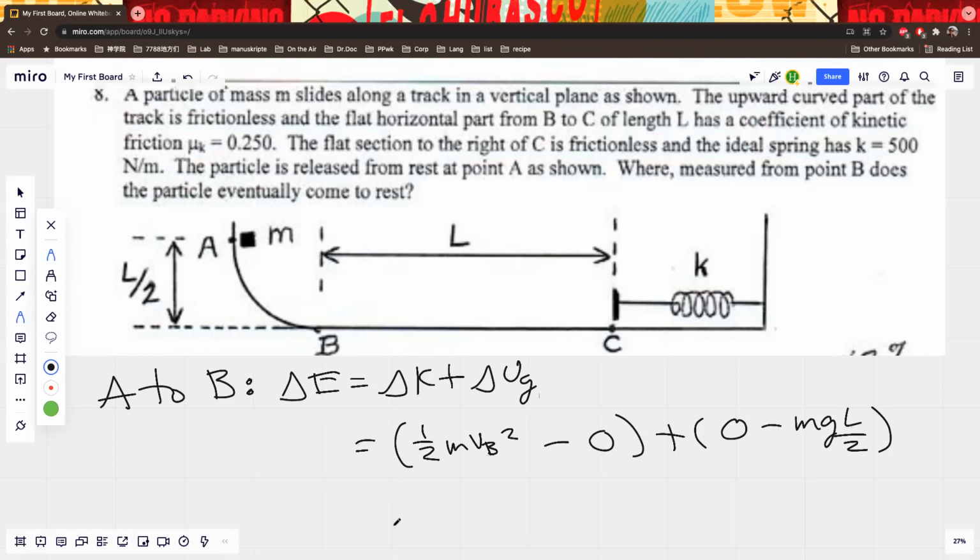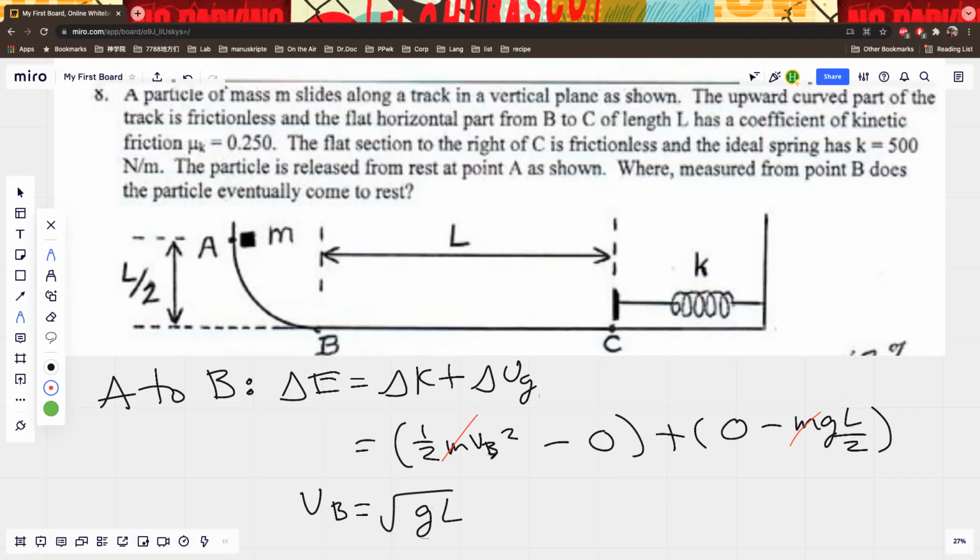We would like to isolate for velocity B. So that one, again, that's root 2 GL for the same reason as before. We cancel out the masses, we multiply by 2, so we get VB squared equals 2 GL over 2, so it's just GL.